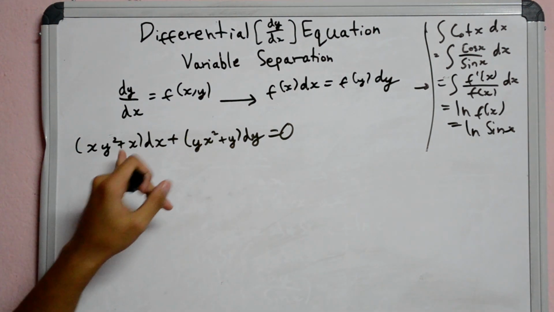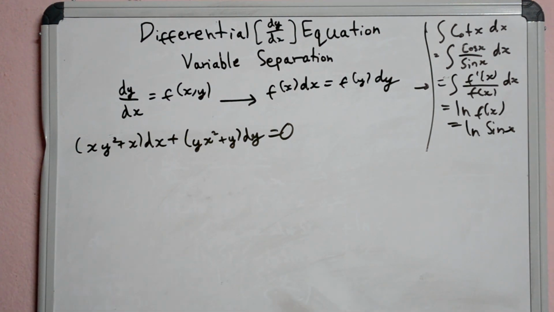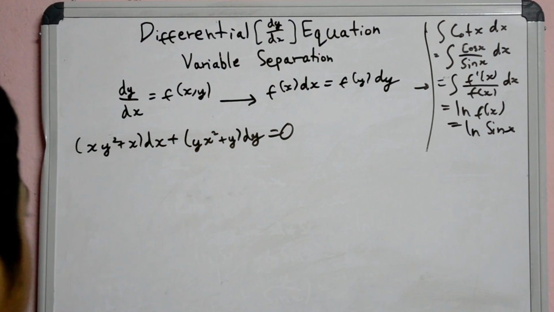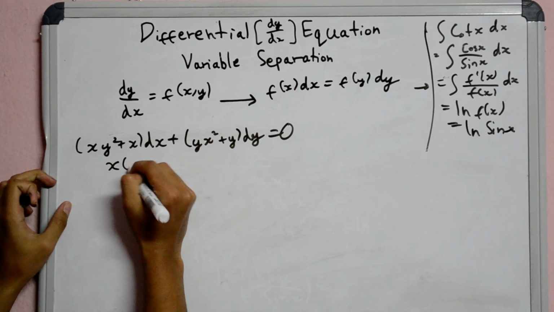So what can we do here? How can we just get function of x dx, function of y dy? Well, we can see here, we can take x common, so let's do that.